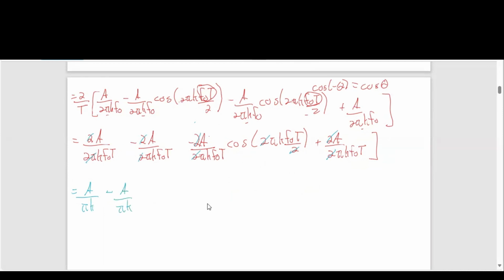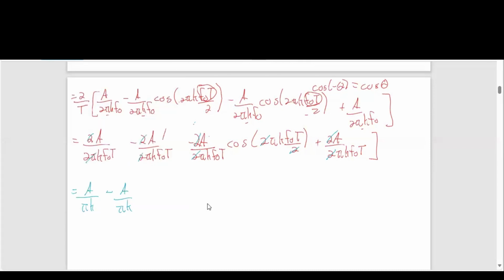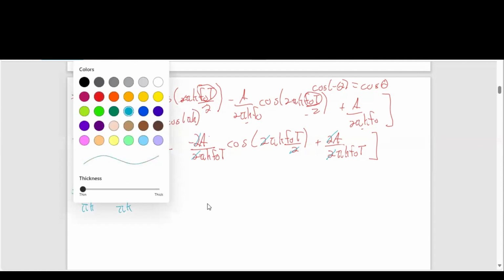I think I'm missing a cos. So I have a cos here. I forgot to write it over. So write it here: 2 pi, and the 2 here will cancel with this here, and we end up with pi k. So this will be cos pi k.